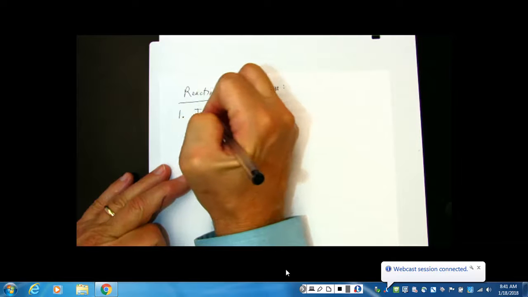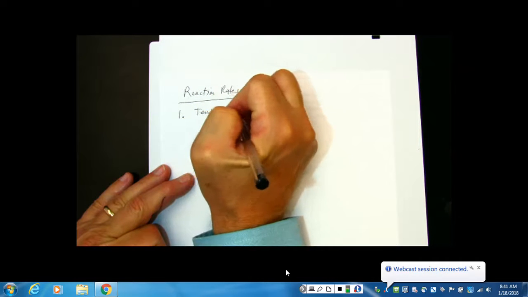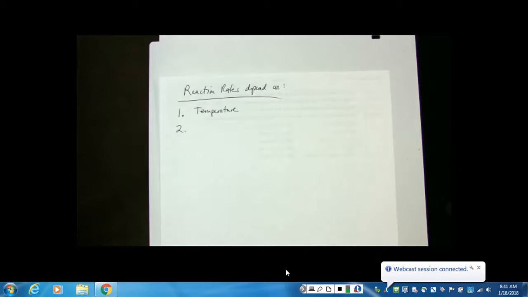Temperature? Yes, temperature is one thing that will change a reaction rate. Things that occur at room temperature normally go slower than if you increase the temperature to 100 degrees. As you increase the temperature, the reaction rate will go up for most chemical reactions. And we're going to talk about why that is.